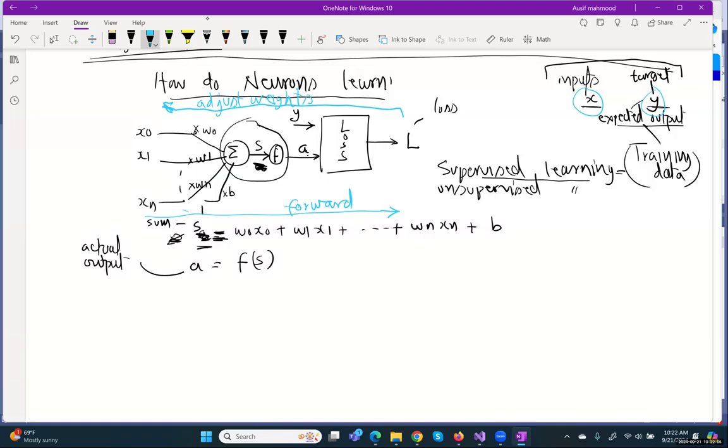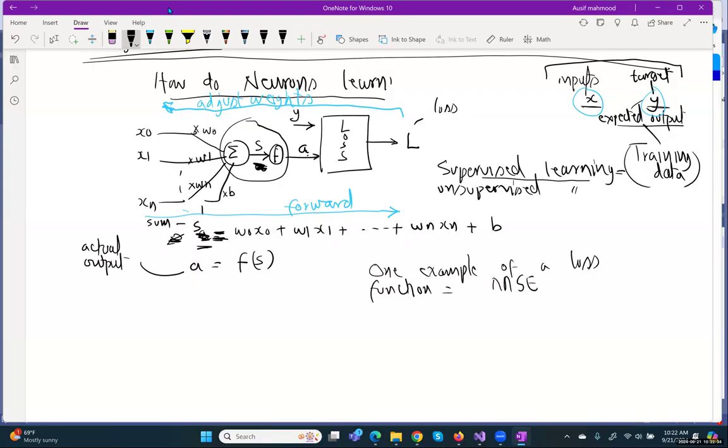As we go along, you will learn a lot of different types of loss functions. A popular loss function would be, for example, mean squared error. One example of a loss function is what we call mean squared error, or abbreviate as MSE.